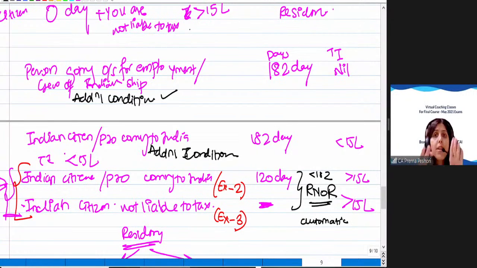You don't need to go to additional condition at all. What you only need to check for such kind of 120-day person is whether he's present for less than 182 days. Only then he could be RNOR. If he is present for more than 182 days, then he is not RNOR, because then he has to satisfy additional conditions too.